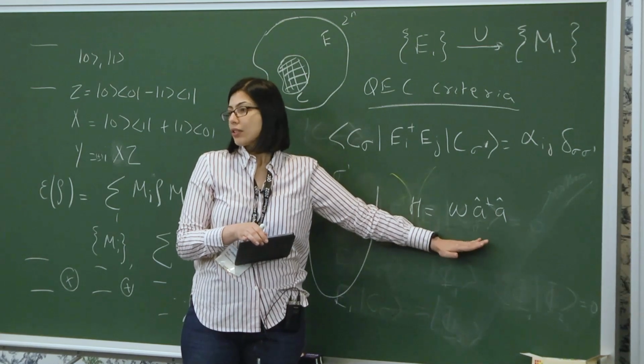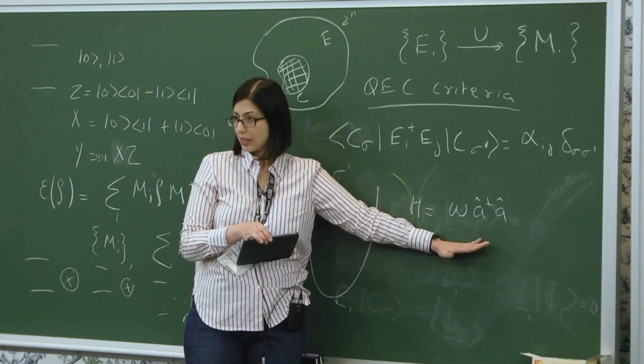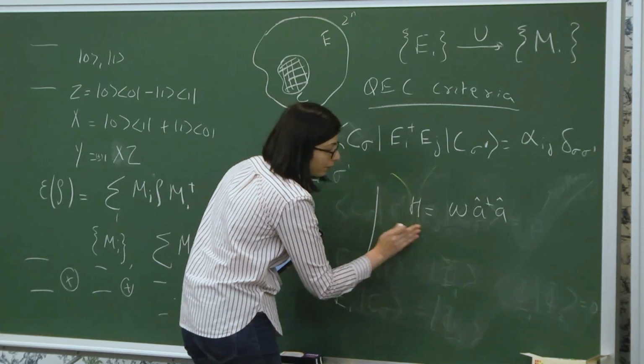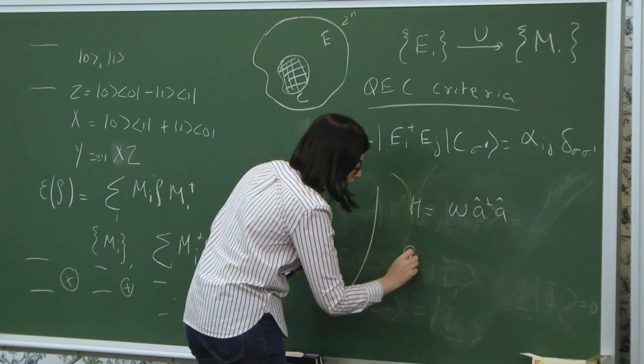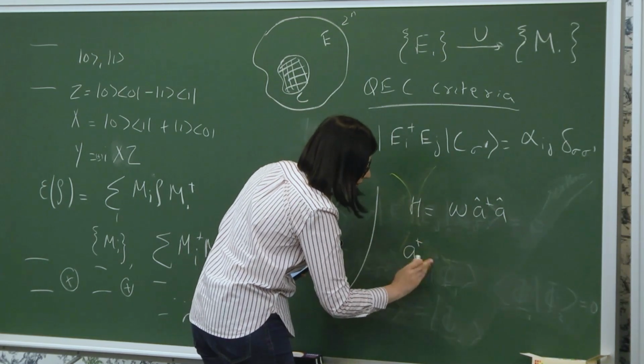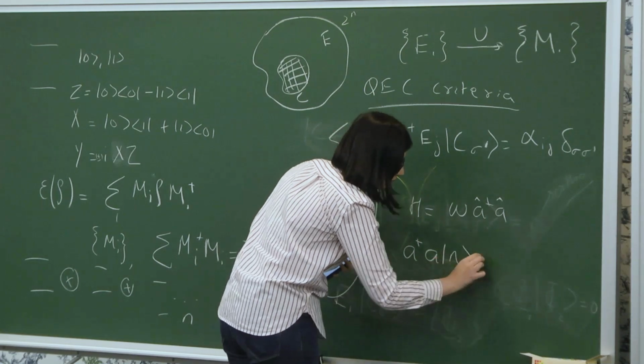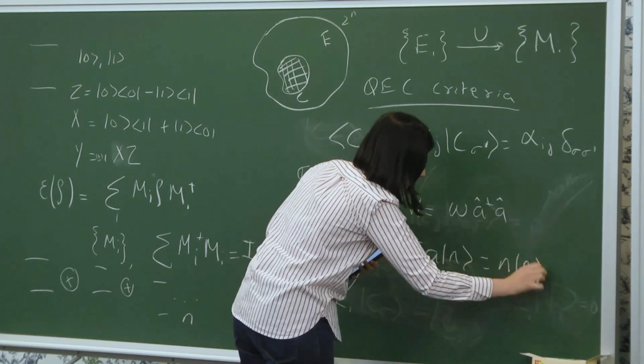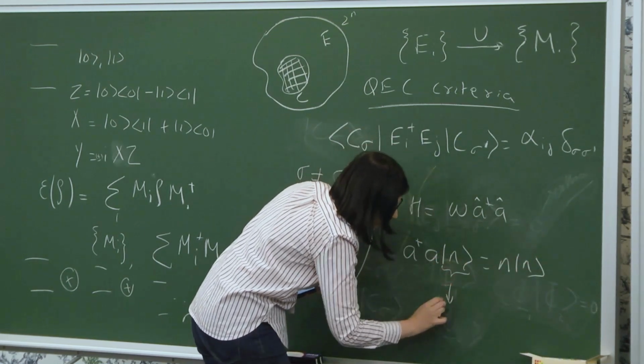a and a dagger are photon annihilation and creation operators. The eigenstates of this system are Fock states. So a dagger a acting on |n> gives n|n>. The |n> are called the Fock states.